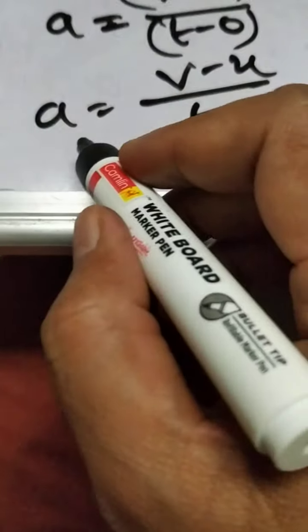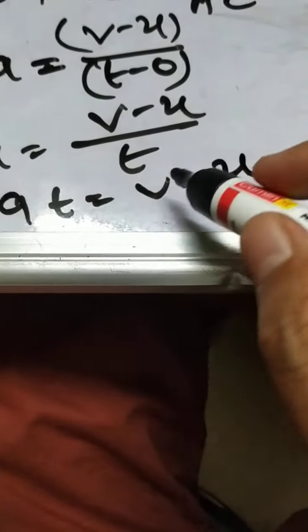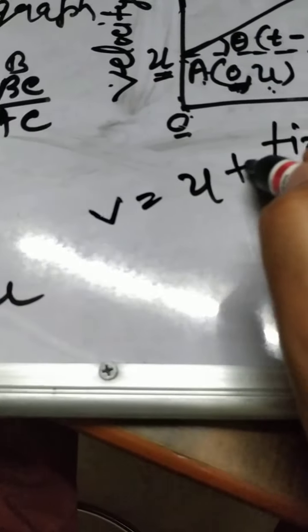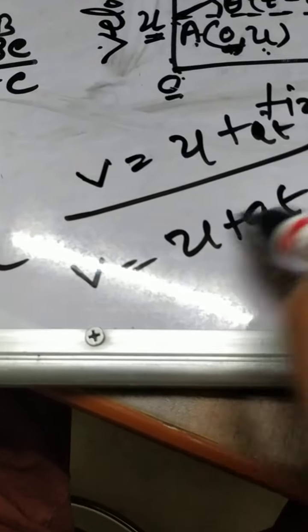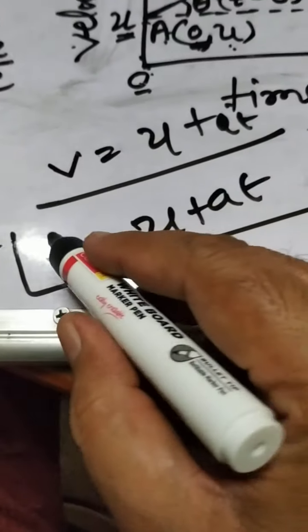Now cross multiplication: at equal to v minus u. Now transfer the u to the left hand side. So v equal to u plus at. So the first equation, v equal to u plus at, is derived with the help of the graph method. Thank you.